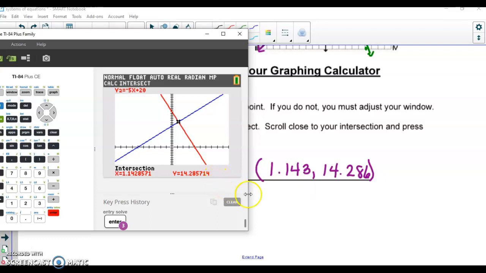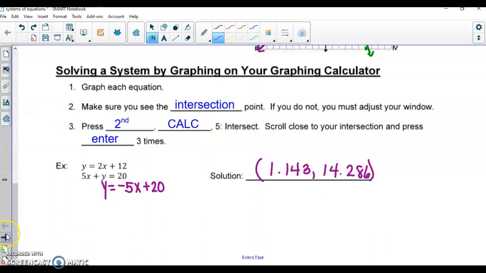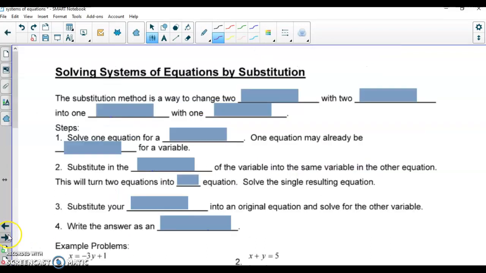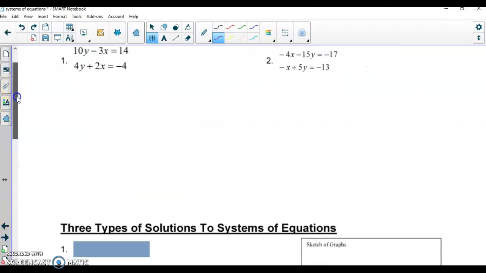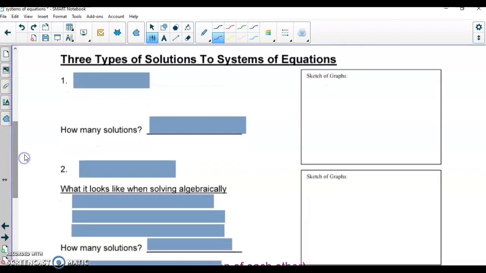Now, when we graph, what can happen? Okay, so flip back 2 pages in your packet to the 3 types of solutions to systems of equations. There's 3 things that can happen. When I graph, we've already seen the first case, the lines can intersect.